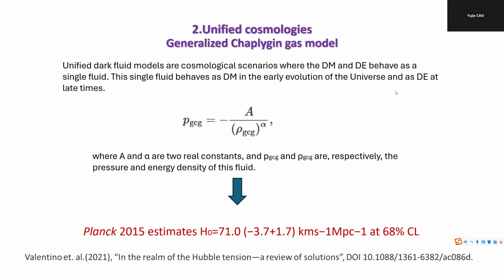This model indicates H0 is 71 using Planck 2015 data. The above two methods are just two of the possible results that are relatively close to the local distance value. Due to time constraints, more methods can be found in the reference.